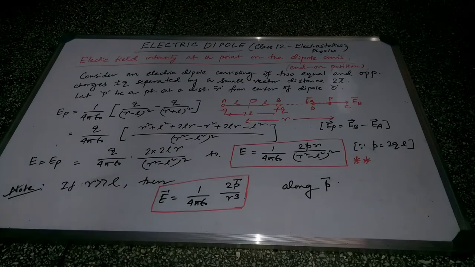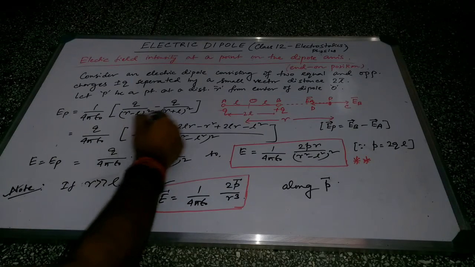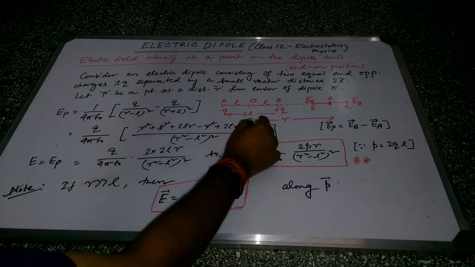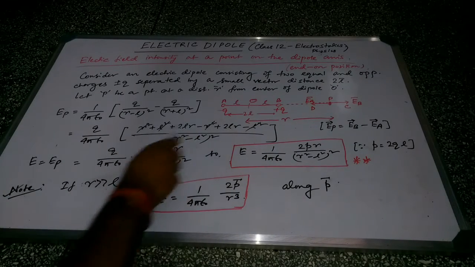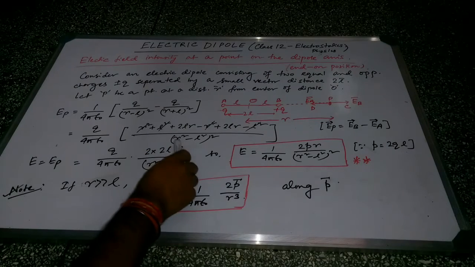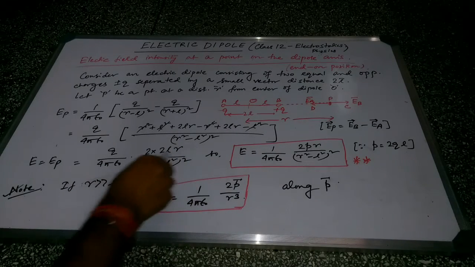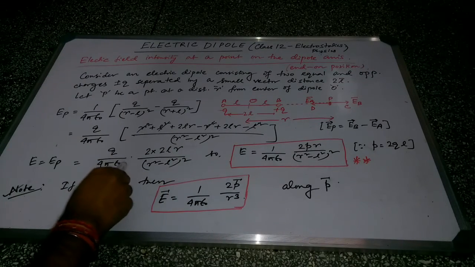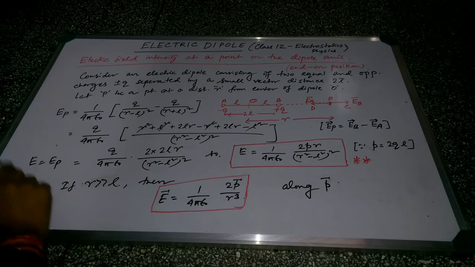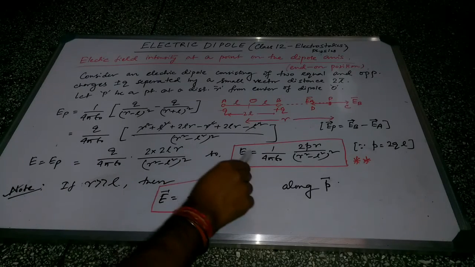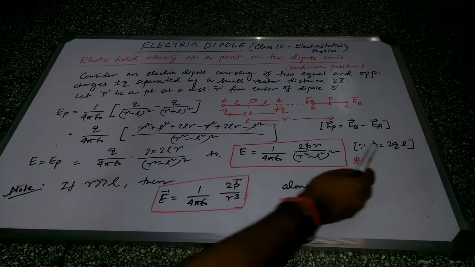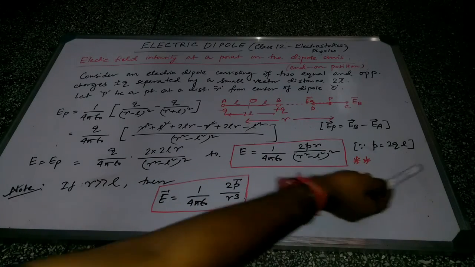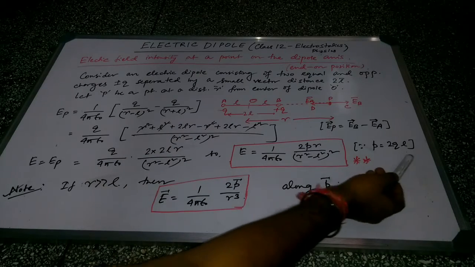So the r square and L square get cancelled, and we are left with 2LR. So 2 into 2LR over r square minus L square whole square, q by 4 pi epsilon naught. This is EP, say this is E. So what is E basically? This 2L and this q form the dipole moment P. P is equal to 2QL.